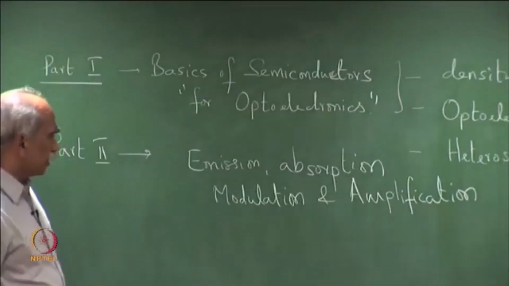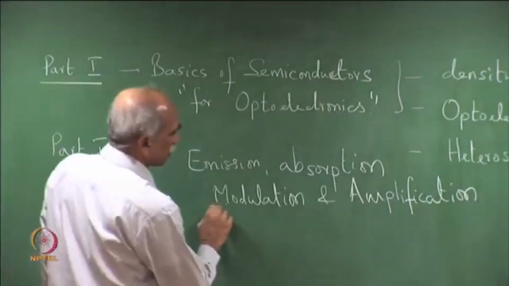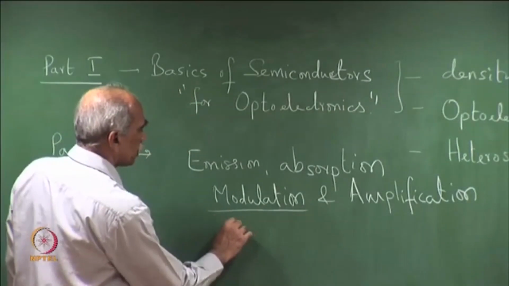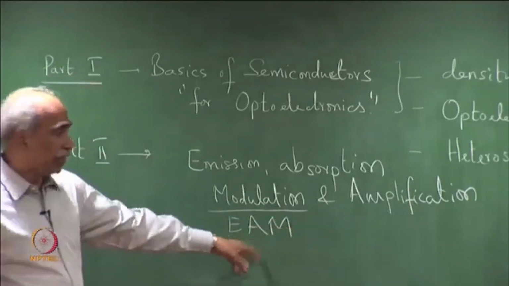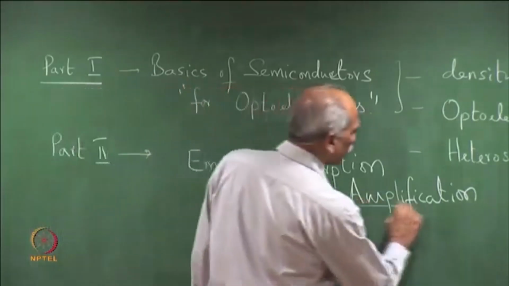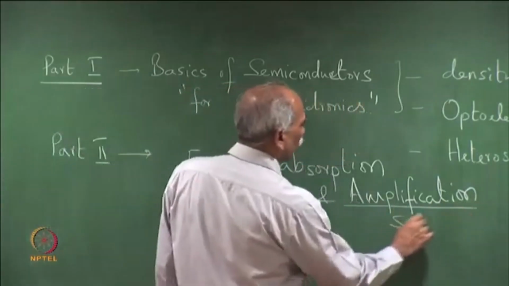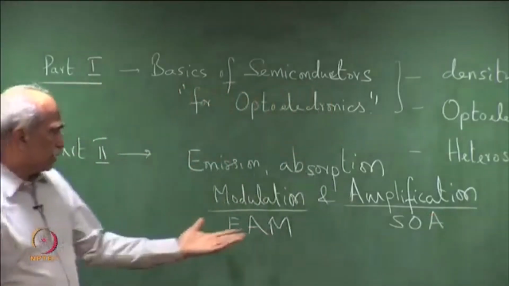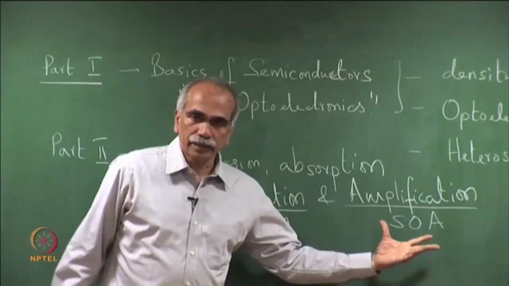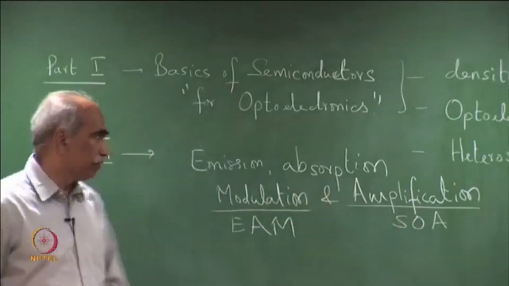In particular, we have discussed two devices here: the electro-absorption modulator, EAM, and the semiconductor optical amplifier, SOA. So, two devices we have discussed in this part, electro-absorption modulator and semiconductor optical amplifiers.